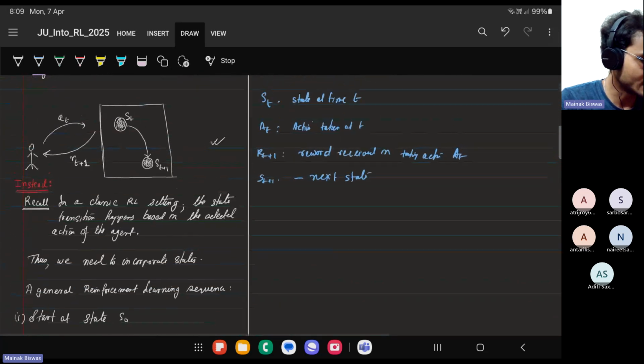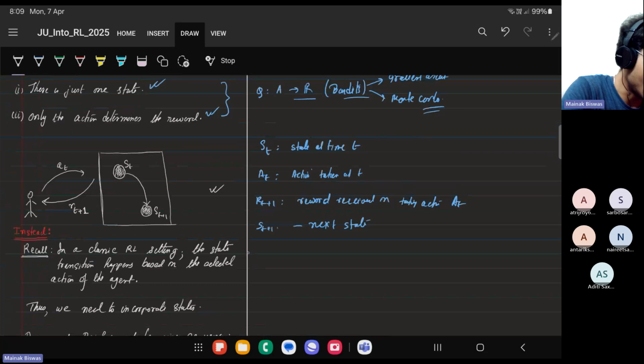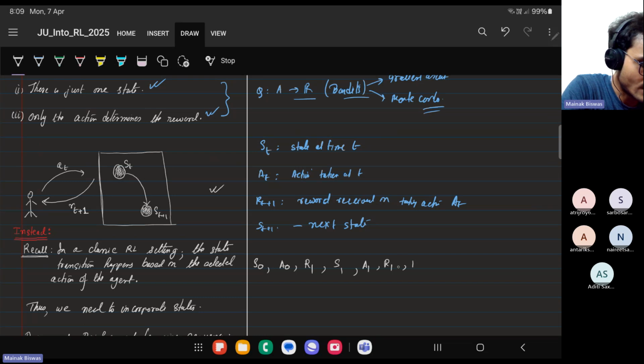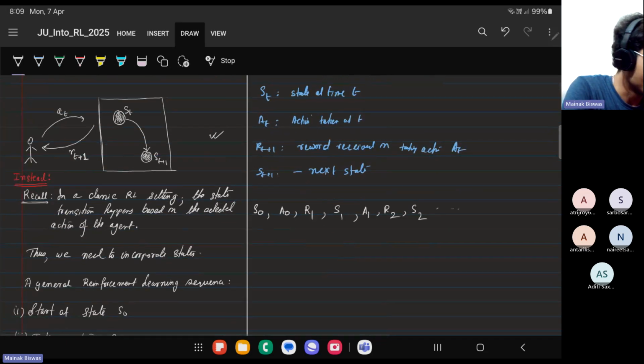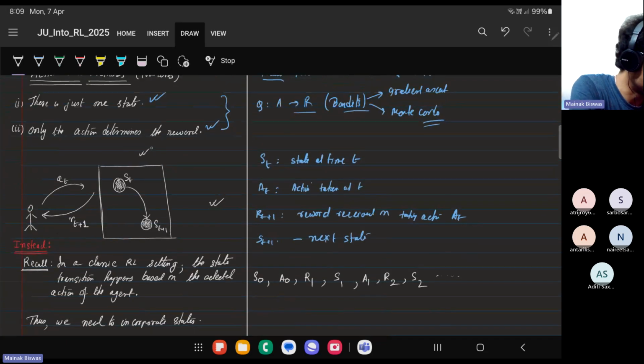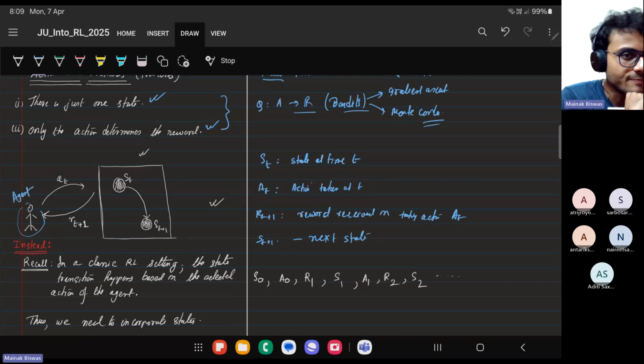So basically you will get a sequence like this. You will get, say, state S0, you take an action A0, you get a reward R1, and go to state S1. And again, you take A1, you get a reward R2, and you go to S2. This continues. Look at this diagram: the agent takes an action At.